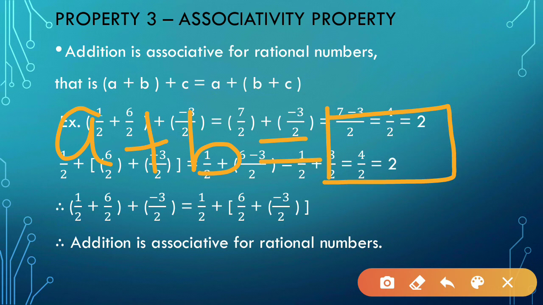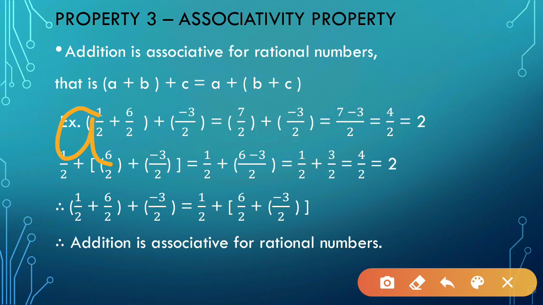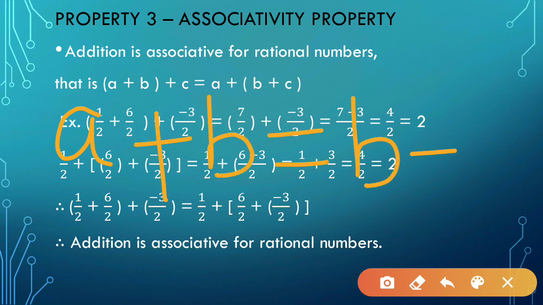And the second property we studied was commutative property. What was the necessary condition for commutative property? When you add a plus b, it will always be equal to b plus a. This is the necessary condition. You have to learn all the necessary conditions for every property.